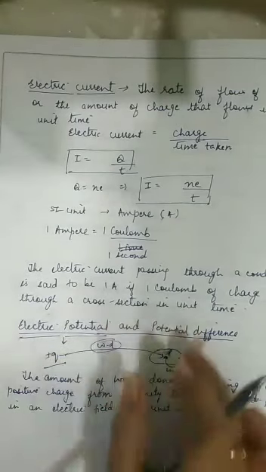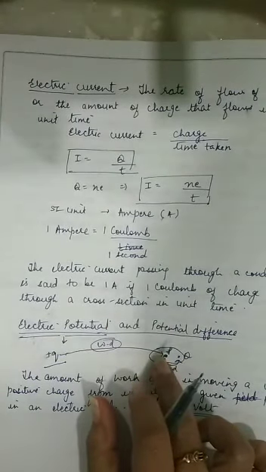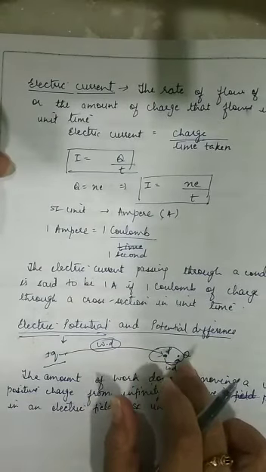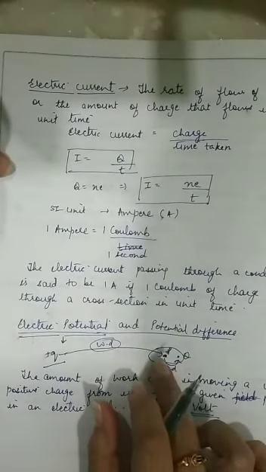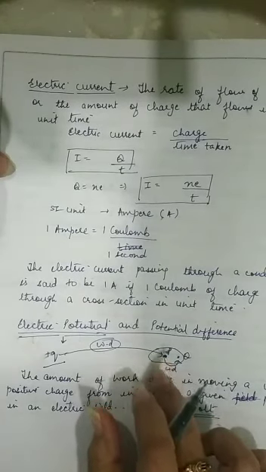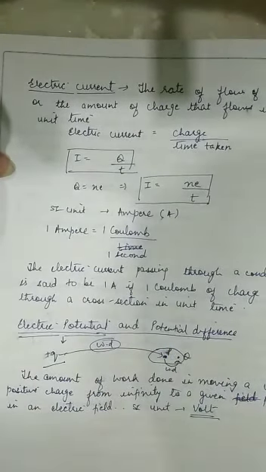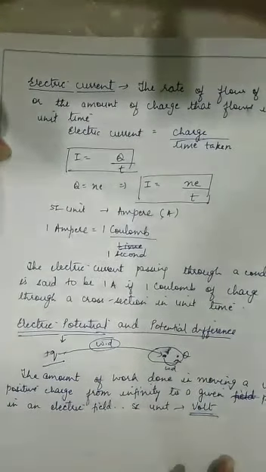Now this positive charge is already placed in an electric field and we have to move it from one point to another. So the work done in moving a positive charge from one point to another in an electric field is called potential difference.